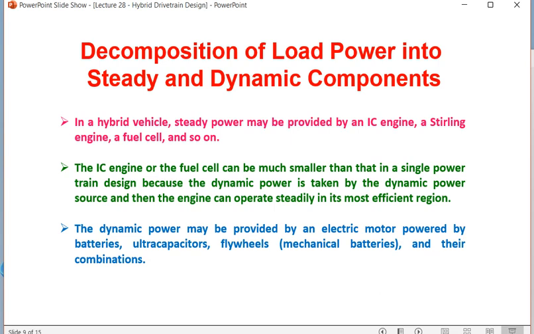Dynamic power may be provided by an electric motor powered by batteries. They are specifically designed batteries, not normal batteries. These batteries have high power capacity. The dynamic power sources can be electric motors powered by batteries, ultra capacitors, flywheels and their combinations.